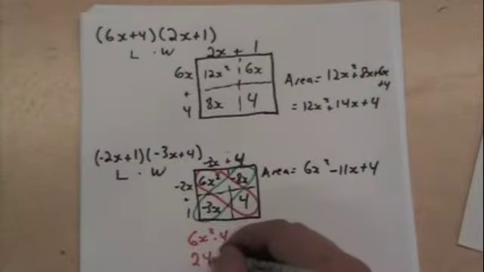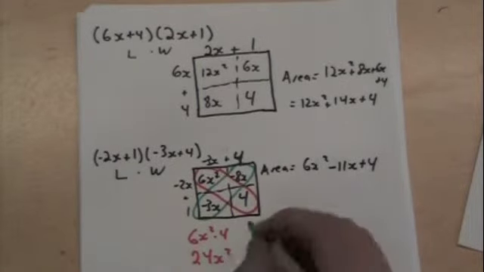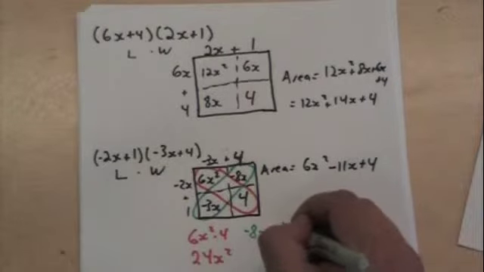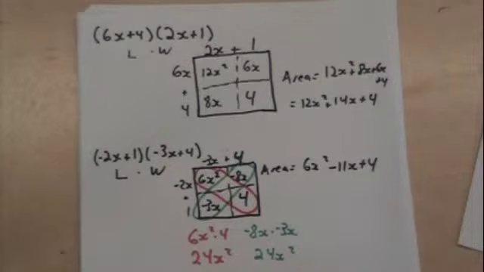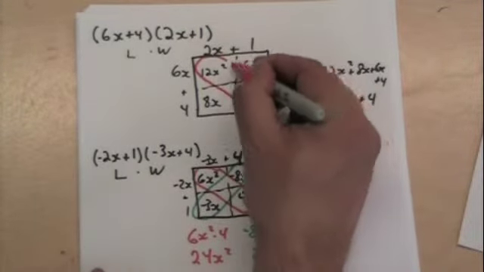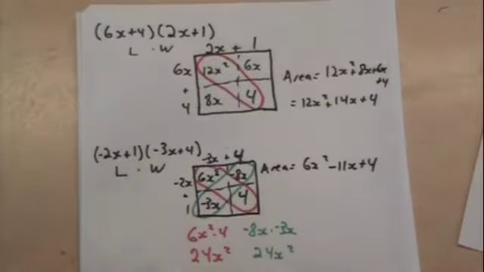Well, that's just 24x squared. What about the blue one, or green one, whatever color that is? Negative 8x times negative 3x. Again, it's 24x squared. And of course, you may be wondering, does that always happen? And the answer is yes, or else I probably wouldn't be showing it to you. Look up here. 12 times 4 is 48, so that's 48x squared.